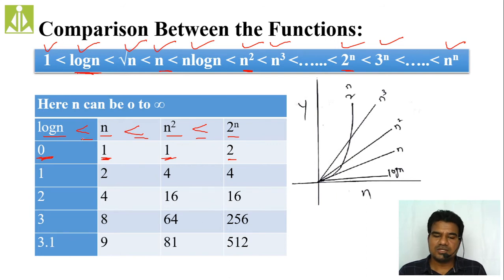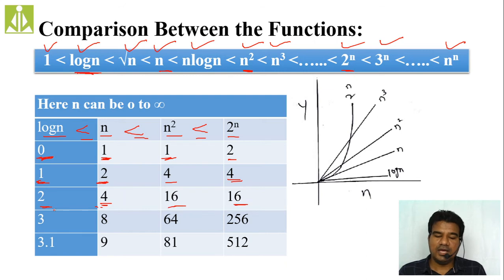Okay. So again, if you take the n value as 2, log 2 to the base 2, that value is 1, and n square is 4, and 2 power n, that is 2 power 2, again 4. Okay, next, if you take the n value as 4, log 4 to the base 2 is 2, and then 4 power 2 is 16, and 2 power 4 is also 16.